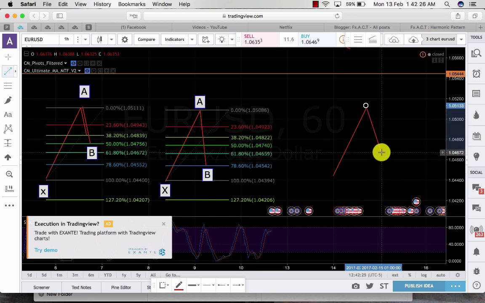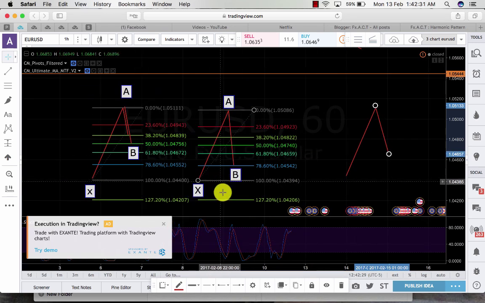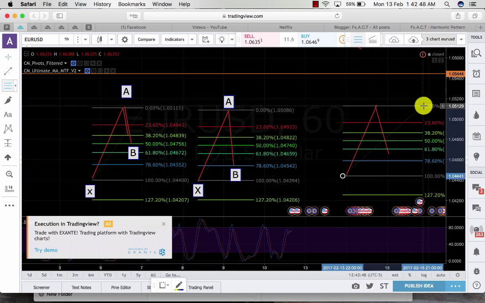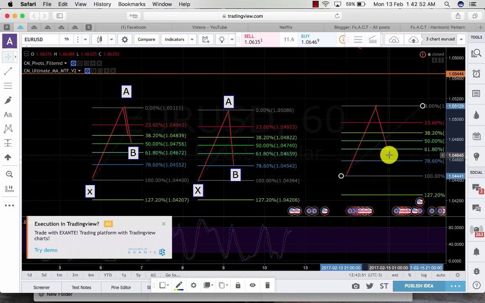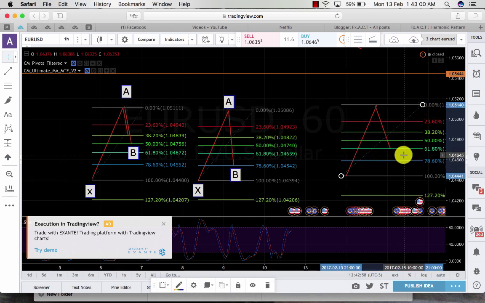There we go. So that's it. If you could see a retracement of again 38 to 50%, then that's potentially forming a bat. If you could see a retracement of 78, then that's potentially butterfly. And if you could see a retracement of 61.80%, then that could be a Gartley.